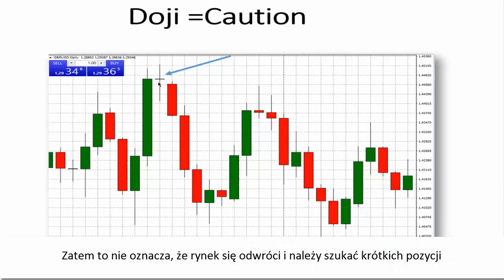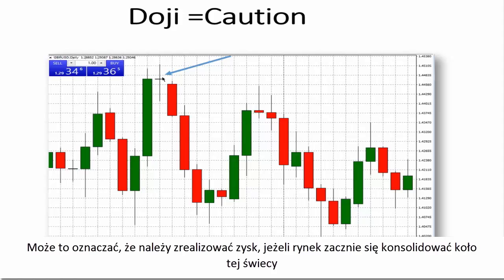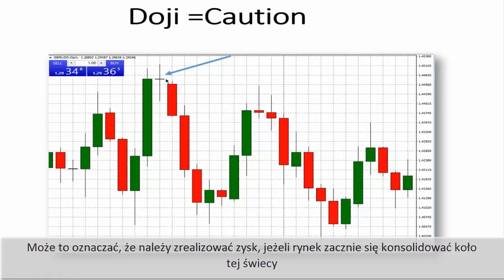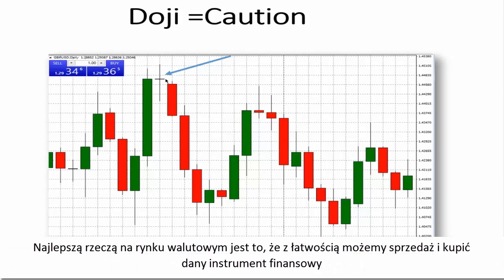It doesn't mean the market's going to go from up to down. It doesn't mean that you should be doing a bear trade here. It means maybe a time to take profits. If the market starts stalling around the doji, you could think about doing a bear trade. And one of the great things about Forex, I'm sure you all know, is it's as easy to do a bear trade, to sell short, as it is to go long.